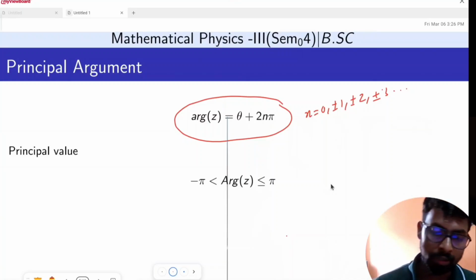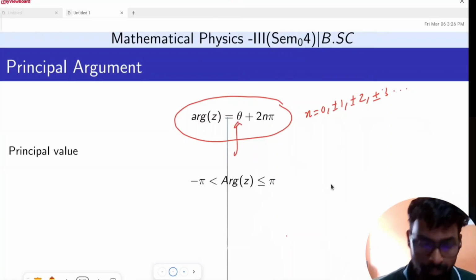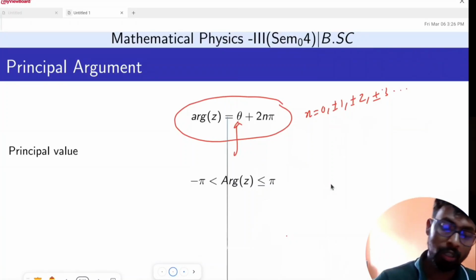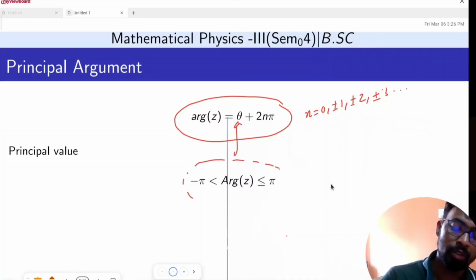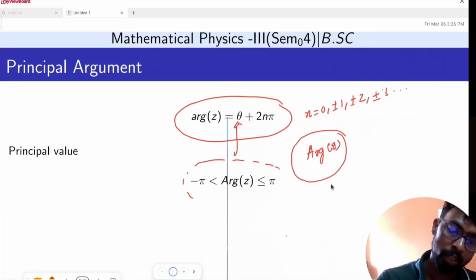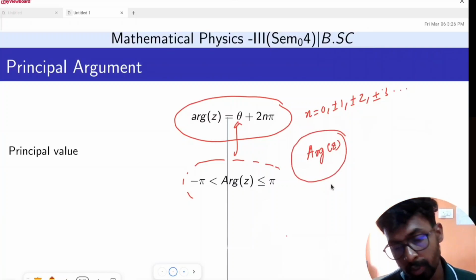And here this theta is called the capital Argument of z, the principal argument of z.